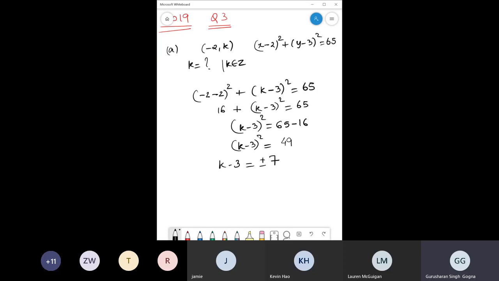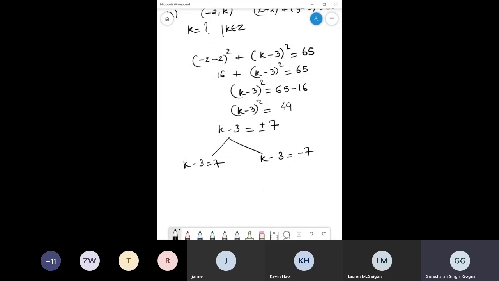But why are we using plus 7 and minus 7? Because the square of 7 is 49 and the square of minus 7 is also 49. So k minus 3 can be 7 or k minus 3 can be minus 7. In this way you can break it into two possible solutions.